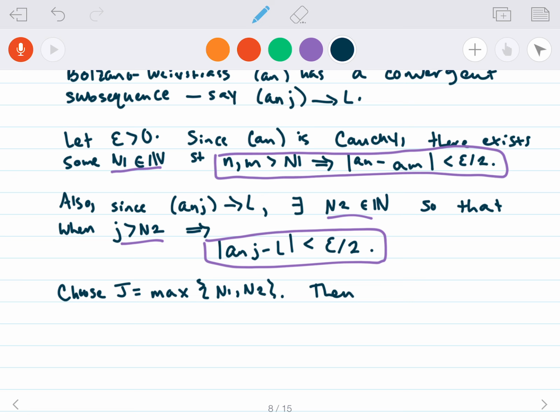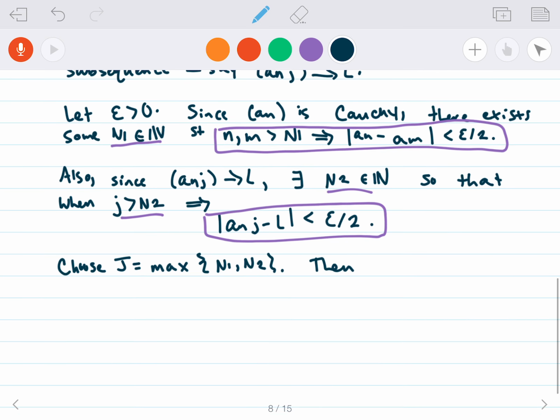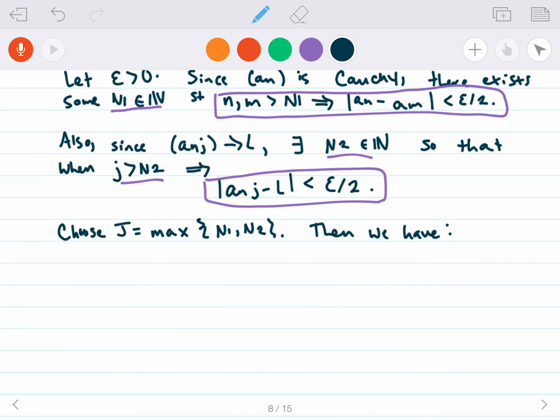Then, by a discussion we had last week, we have the following. So we kind of touched on this a little bit in the last lecture. We have n sub little j is going to be bigger than or equal to j for each little j.